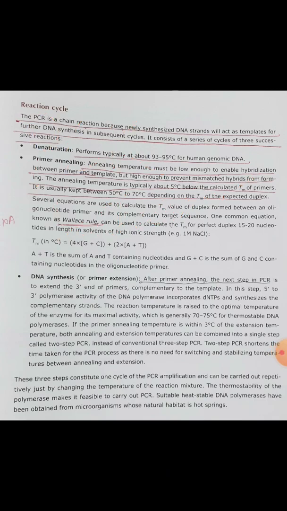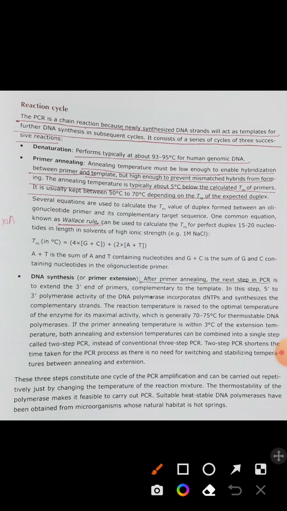It simply means that the newly synthesized DNA molecule generated by one cycle of PCR will again take part in the PCR as a template for further synthesis of DNA molecules in subsequent cycles, and in that way the cycle goes on up to infinite time, unless or until you switch off your PCR machine, right?